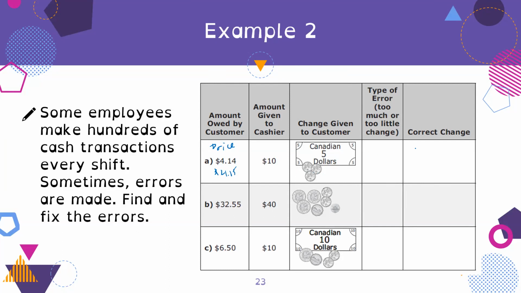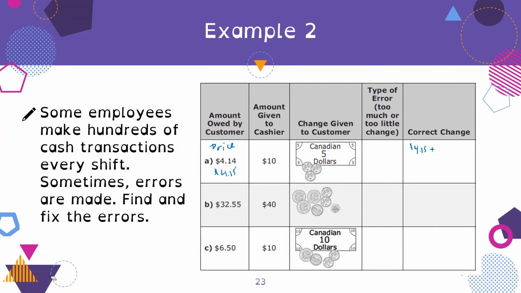So how I like to count up on doing change, we talked about before. I'm starting with $4.15 and I'm trying to get up to $10. So I'm going to add 5 cents to get to 20 cents. And actually, I changed my mind. I'm not going to do that.